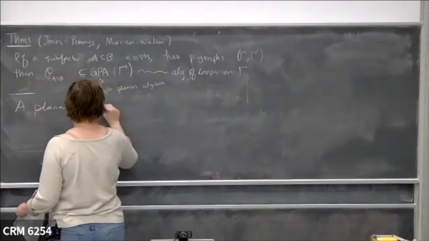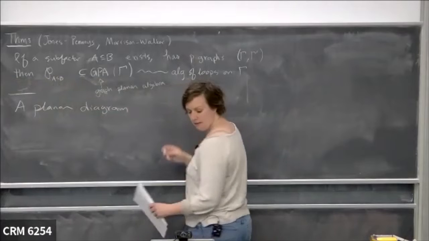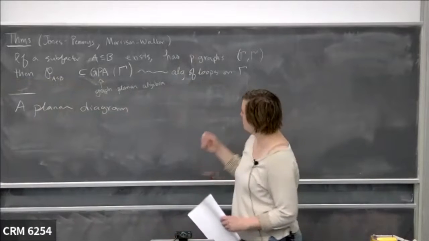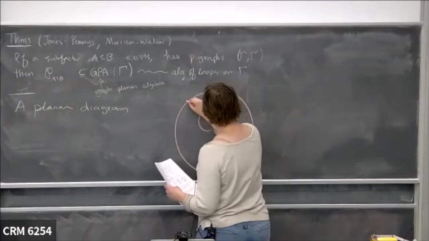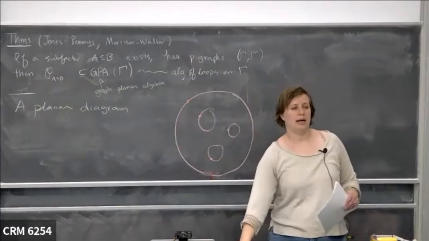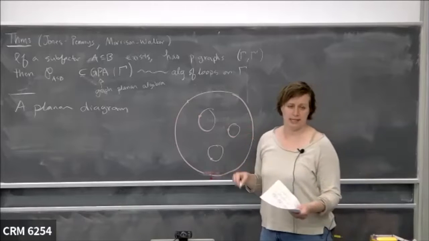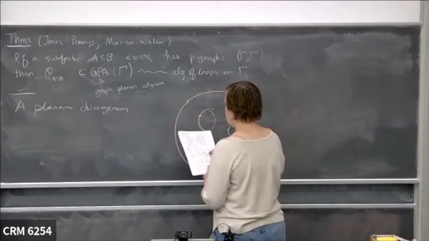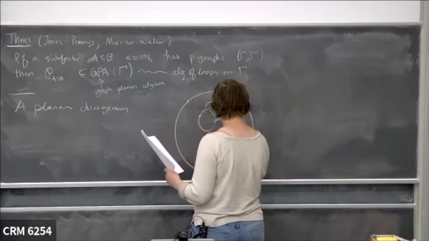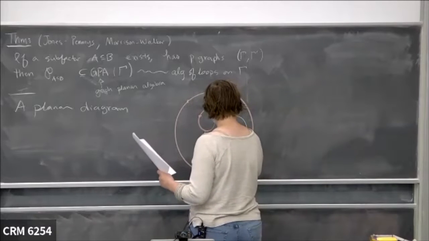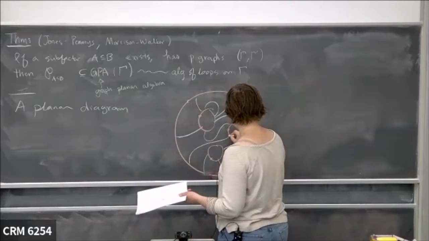Okay. When I say planar diagram, I mean something like this, where we have one outer boundary disk and any finite number of inner boundary disks, and they don't overlap. And we have strings connecting them up in any way you like, as long as the strings don't cross.